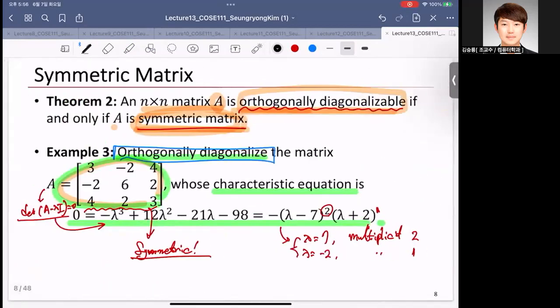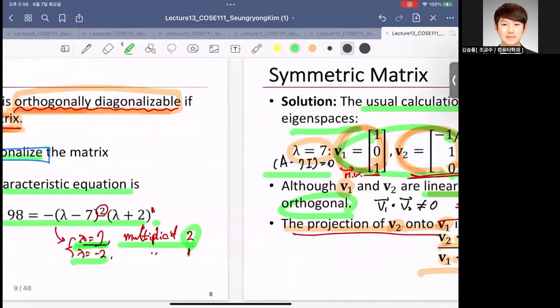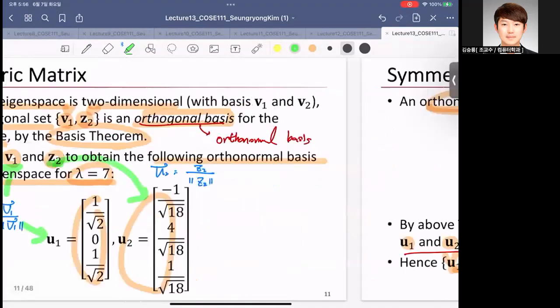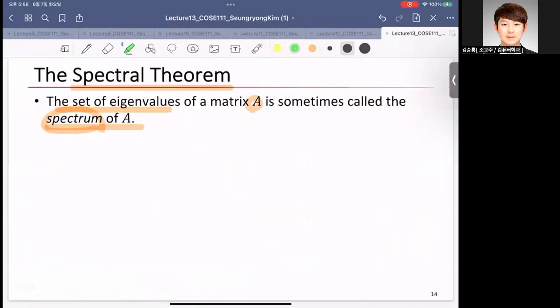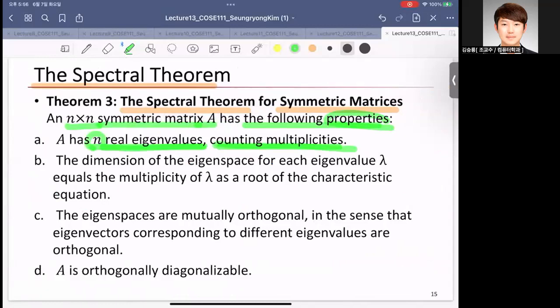Here, there are two eigenvalues, lambda equals 7 and lambda equals -2, and matrix A was 3 by 3, but lambda equals 7 has multiplicity 2, so we can just say that there exist n as 3 real eigenvalues, 7, 7, -2. So here, n real eigenvalues, counting multiplicity. This is the first property.